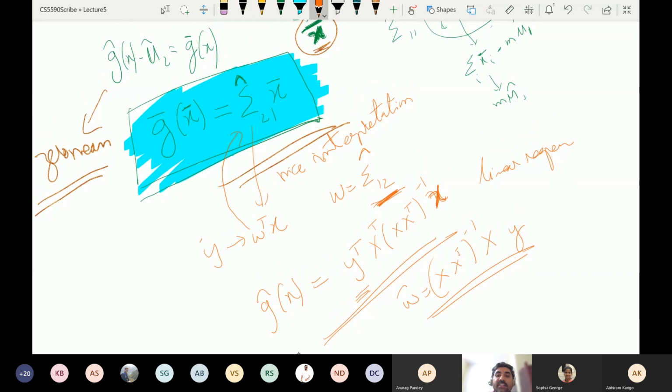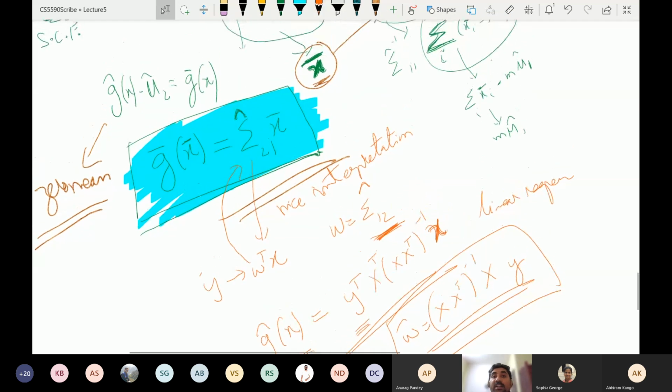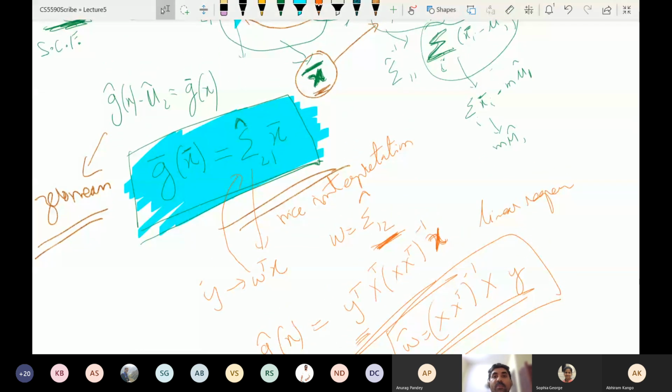Okay, so this is what we get. So in case of linear regression, what did we get? We modeled the Bayes optimal as a linear function, but my parameters were estimated like this. Now in this case, we did not directly model the Bayes optimal. What did we model? We modeled the joint distribution as a Gaussian distribution.